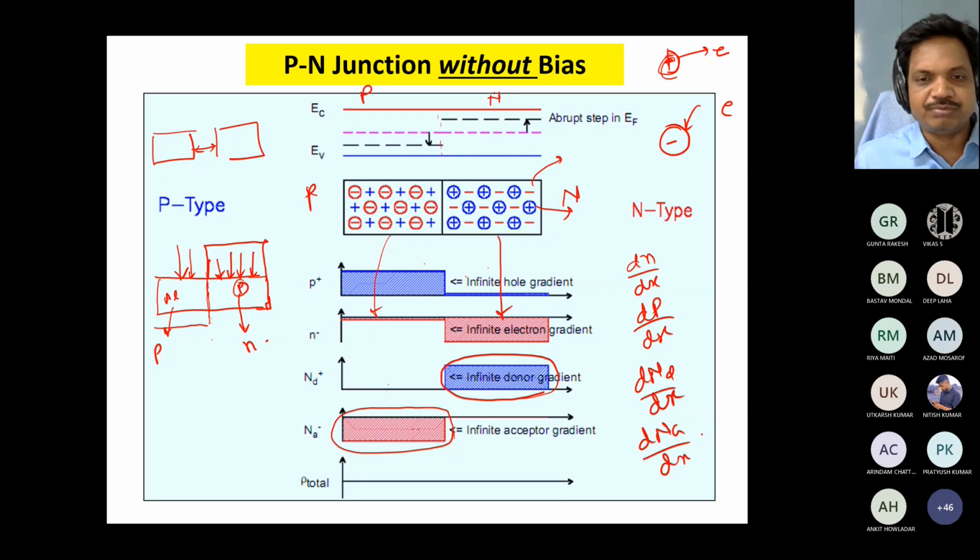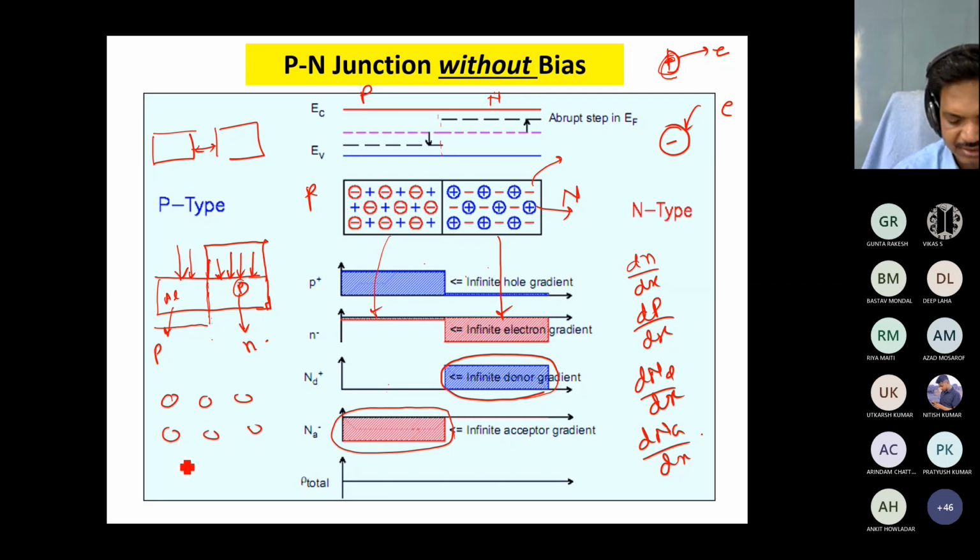Holes and electrons are movable, but the ionized atoms, the donor atoms or acceptor atoms, are not movable. These are stationary because they form the crystal structure.